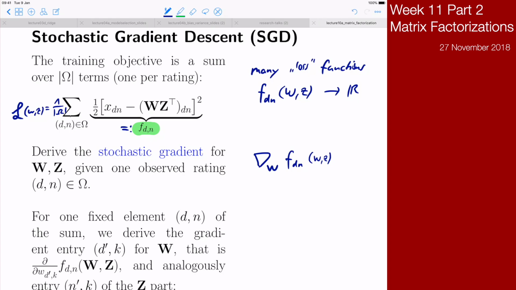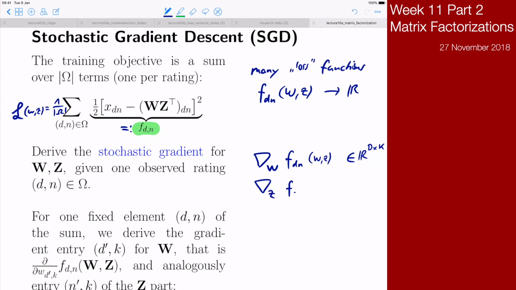What is this gradient? It's not a vector, it's actually a matrix, with just the dimensions of W, which is d by k. Then the second thing we need to compute, they belong together. The whole gradient is the concatenation of both of these gradients.